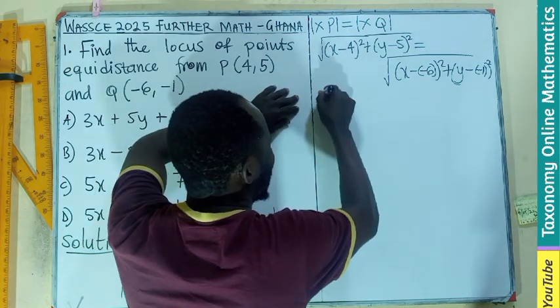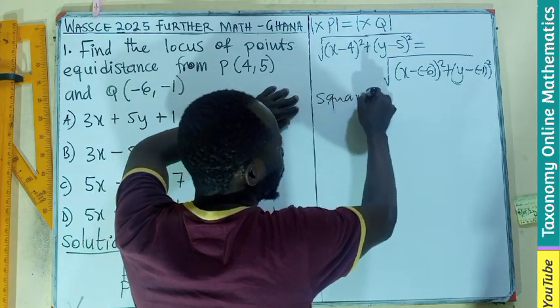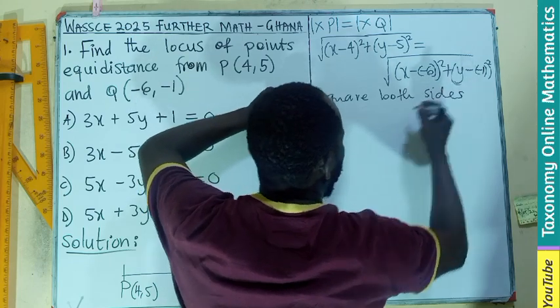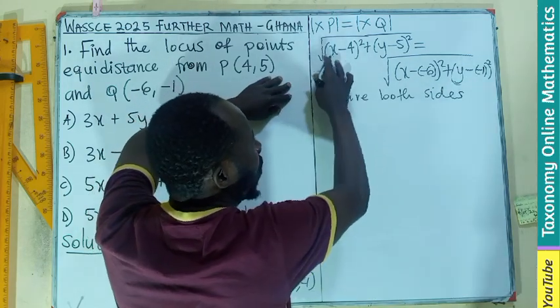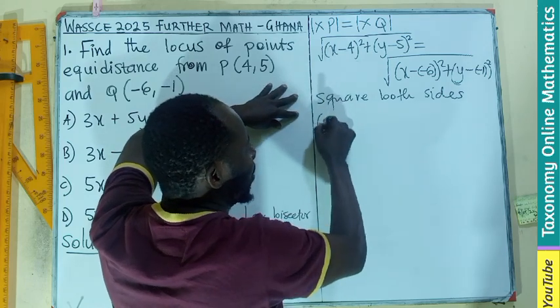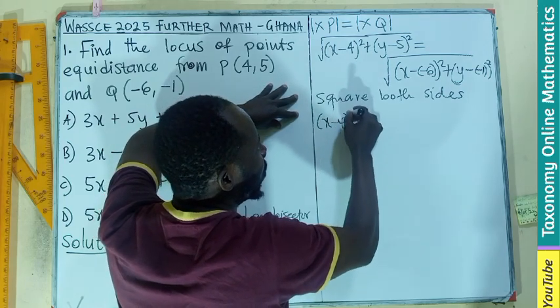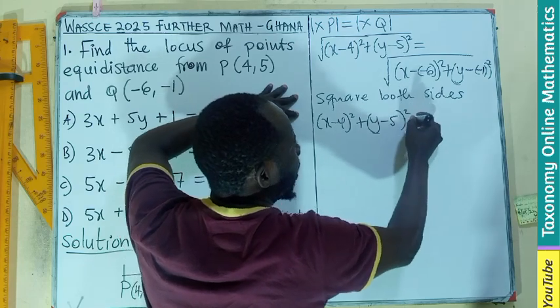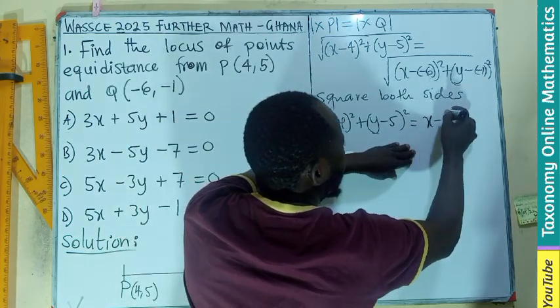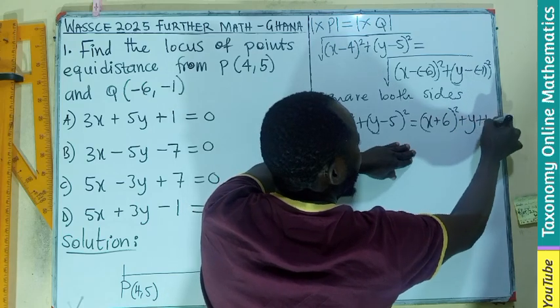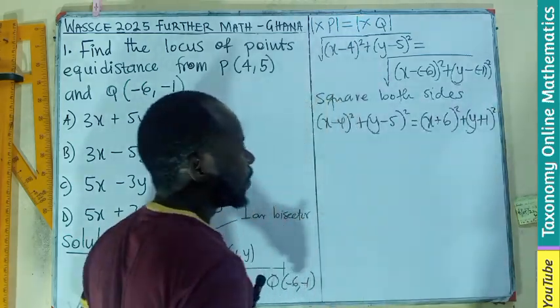So if I square both sides, I'll be left with only the terms under the root. I'm going to have (x minus 4) squared plus (y minus 5) squared equals (x plus 6) squared plus (y plus 1) squared.